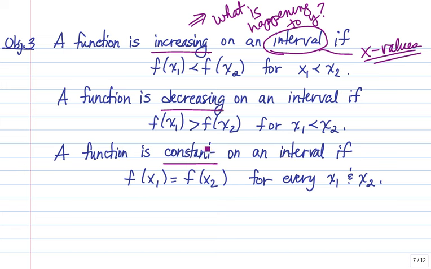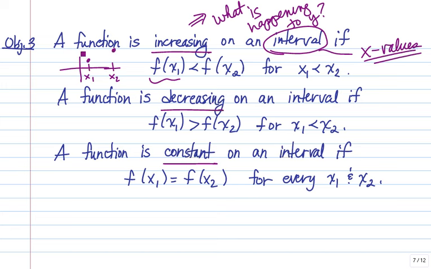Now the mathematical way that we define this is we say a function is increasing on an interval if the y value at x1, that is f of x1, is less than the y value at x2 when x1 is less than x2. Now, you're thinking, what in the world does that mean? Well, let's say here's x1 and here's x2. So here's our point.